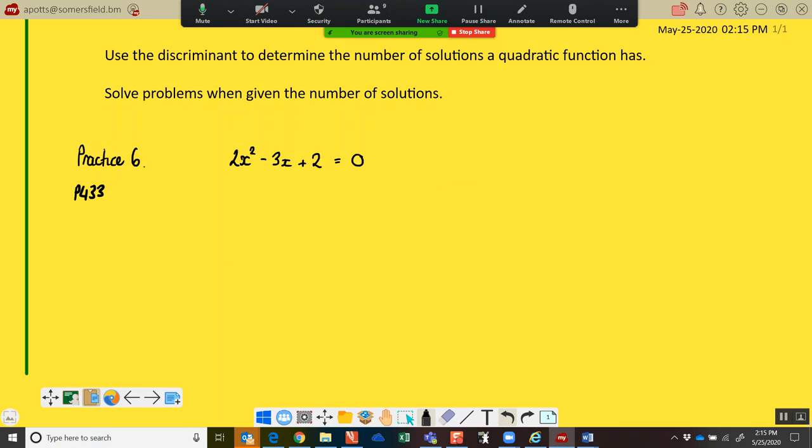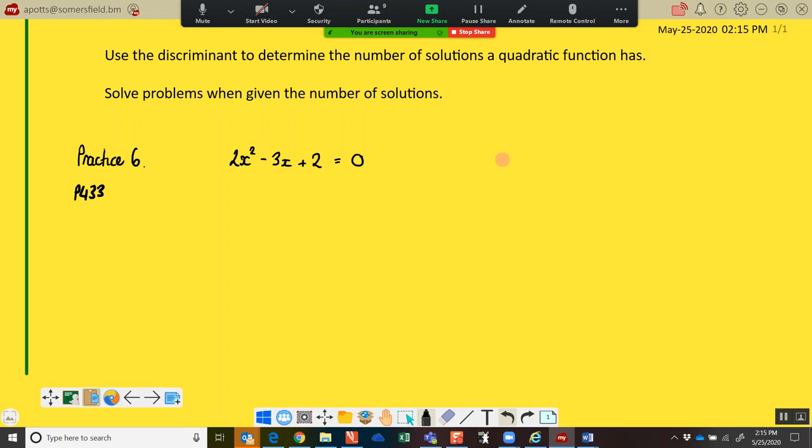So do you remember what the discriminant was, or I was calling it the determinant? Just what is it? Yeah, tell me what to write down. Does it tell you how many solutions there are? Yeah, well, what is it? What are the letters? What's the part of the equation? That's what I meant.